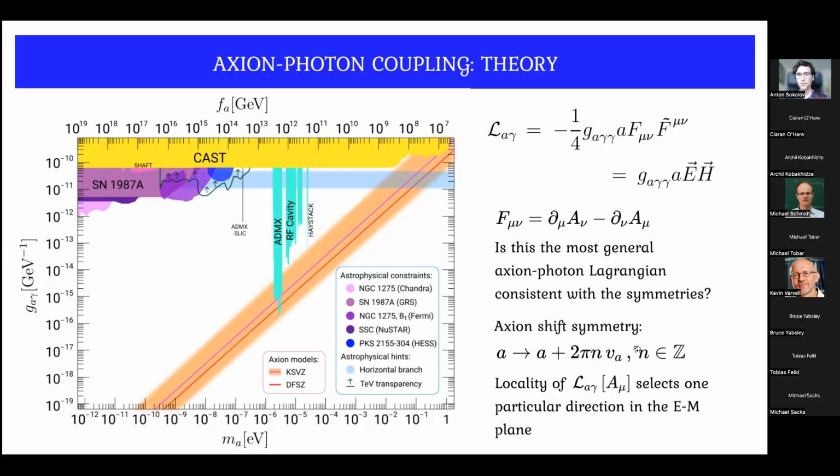So if we now take into account the symmetries, it seems that this Lagrangian is the only possible form for the axion-photon Lagrangian. But really, maybe what we miss here can be understood from our discussion of the electric-magnetic duality symmetry.